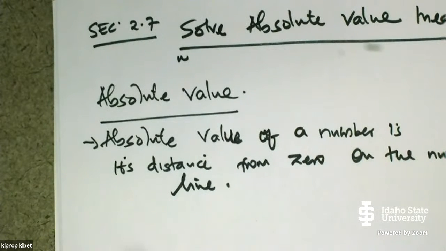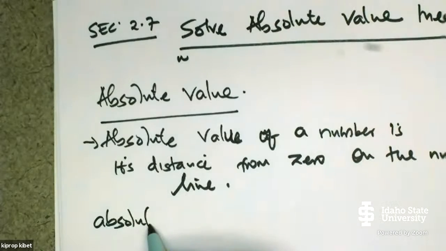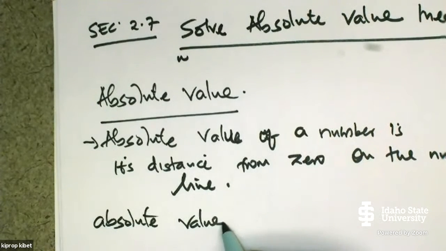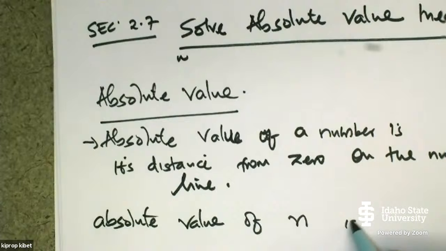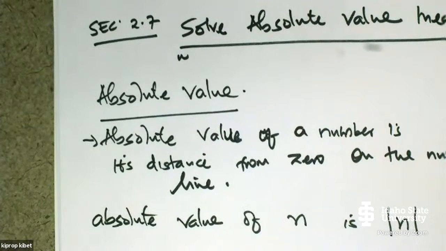So we usually write the absolute value of n like that. The absolute value of a number is written in that form, so we put the two bars there.